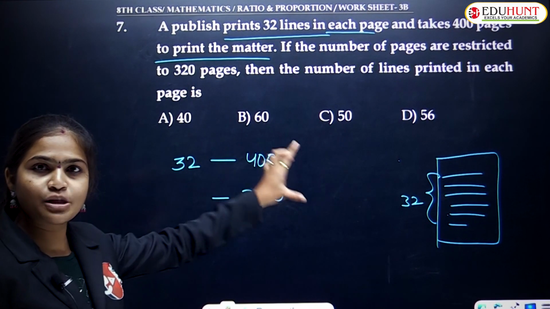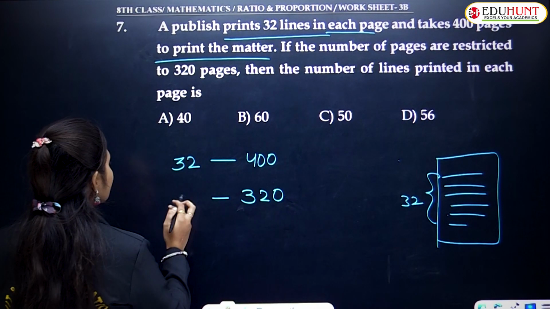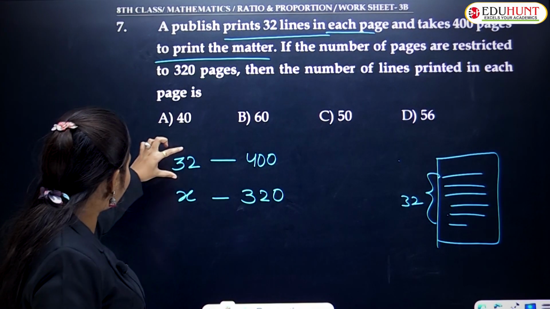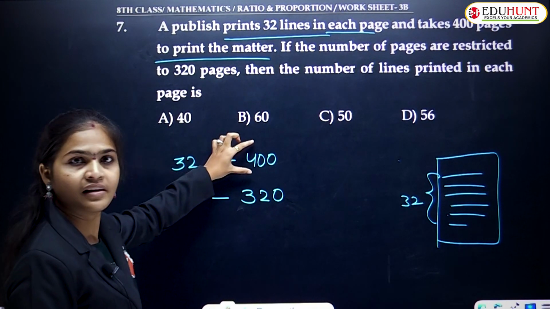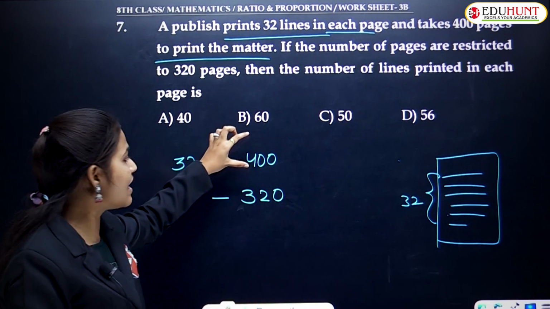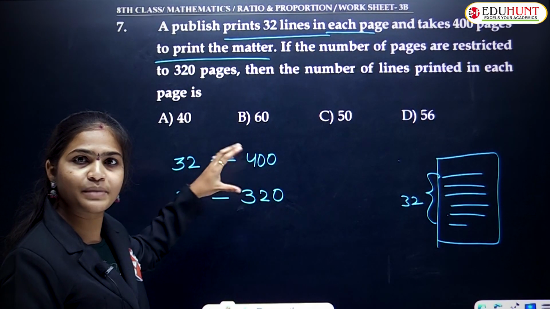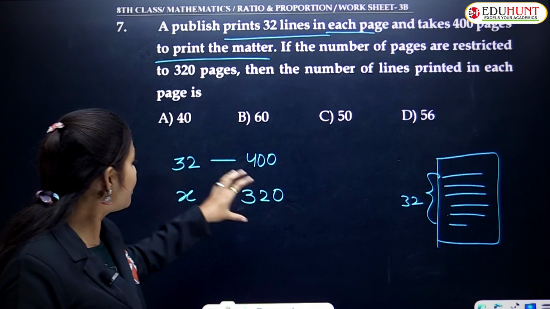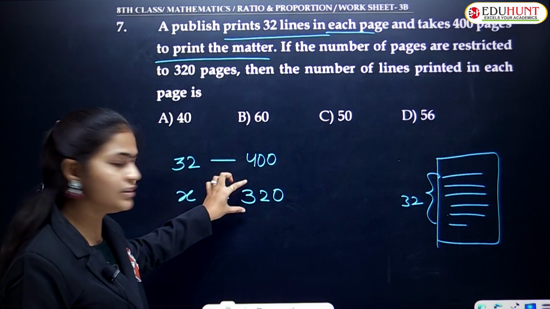Then they are asking how many lines each page contains. So just observe this question. Each page has 32 lines. The number of pages is 400, and here it is 320 pages. So the number of pages has decreased, 400 to 320.